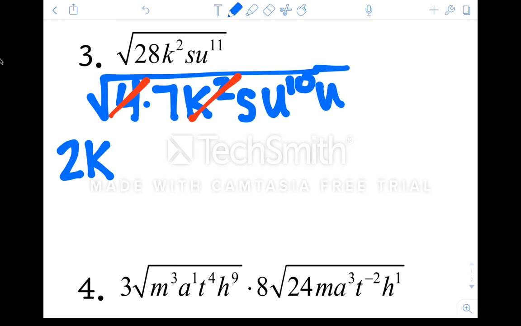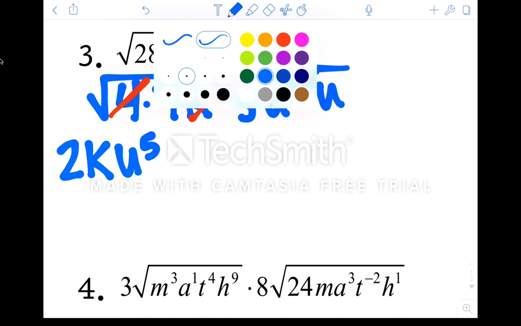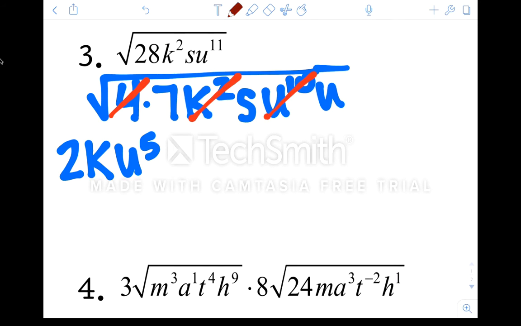The square root of u to the 10th, 10 divided by 2, which is 5, so I have u to the 5th. And then everything else is left under the radical, so I have 7su inside that radical. This is as simplified as it can be, so I'm done with this problem.